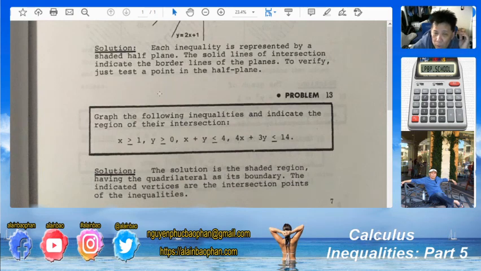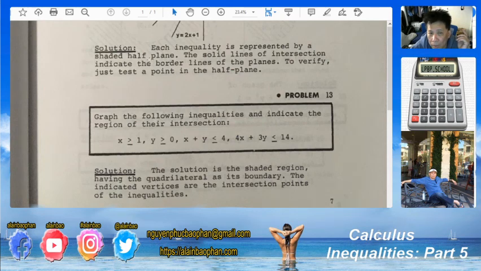So the intersection of x greater than or equal 1 and y greater than or equal 0 is this part. It starts from here to here, this area inside here on the top in the first quarter.